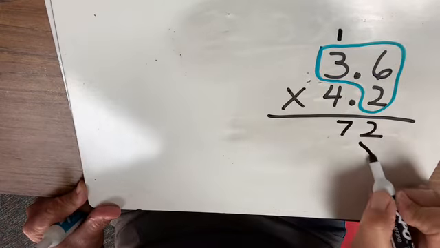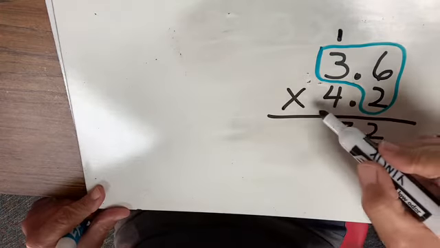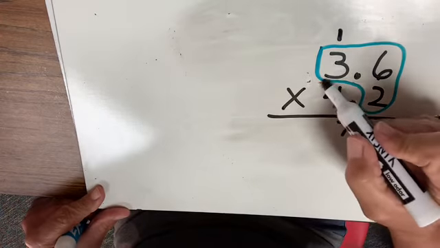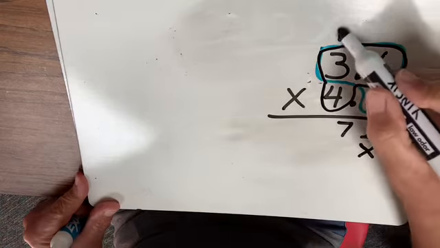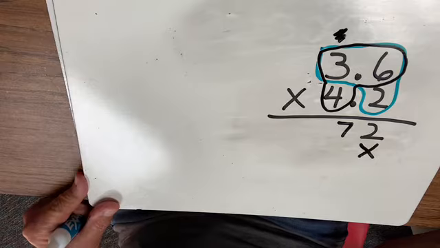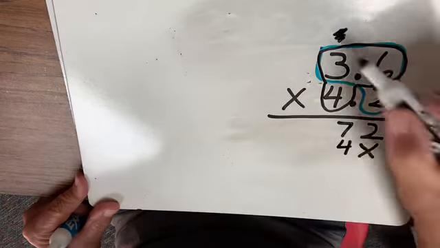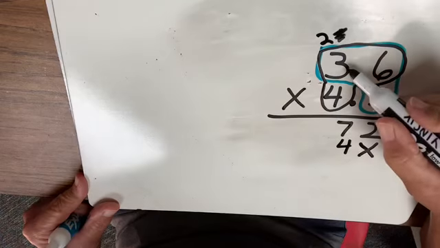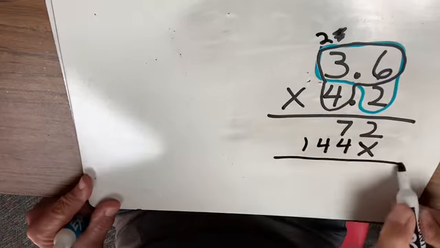Now remember, I'm moving over 1 spot because now I'm multiplying by the digit that's moved over 1 spot. So now I'm going to take my 4 and multiply it by all the numbers on top. 4 times 6 is 24. 4 times 3 is 12, plus 2 is 14. I'm going to add them together.